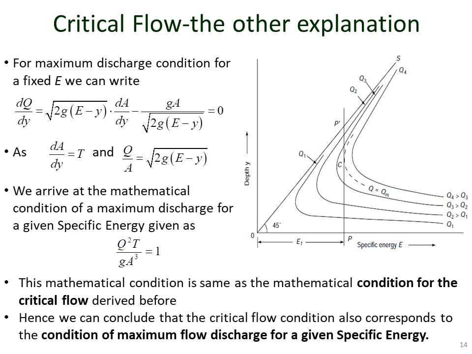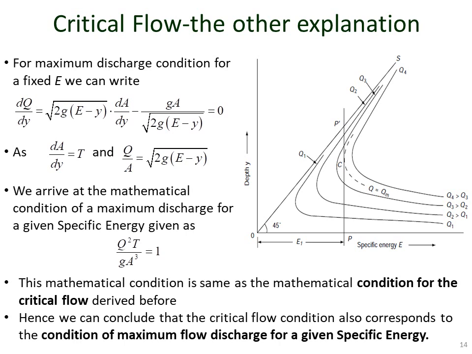If the discharge is maximum, as we discussed, then dQ/dy equals root under 2g(E minus y) multiplied by dA/dy, minus gA divided by root under 2g(E minus y), equals 0. We equate that to 0 because that's the condition of a maximum.